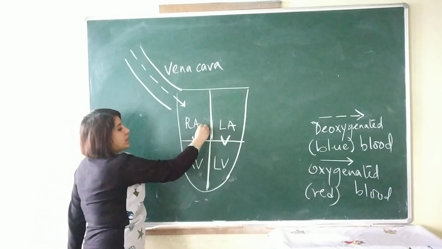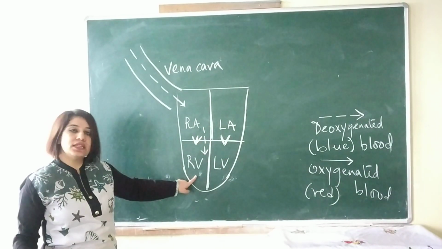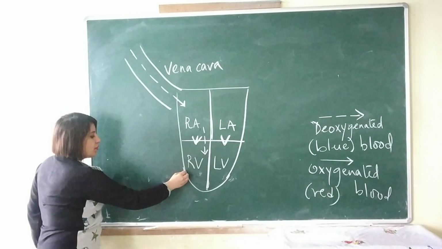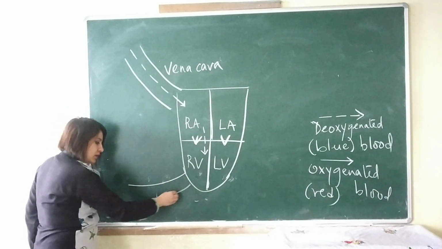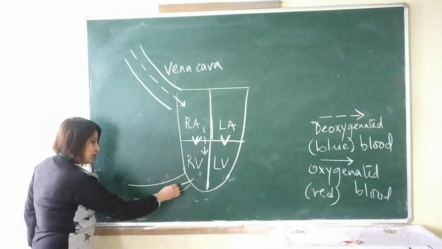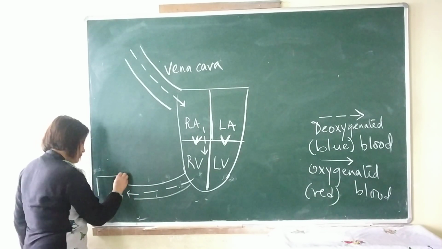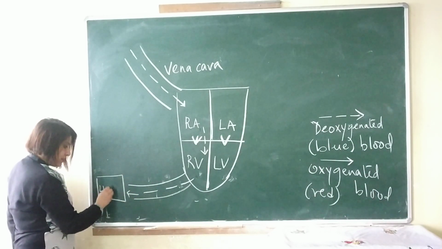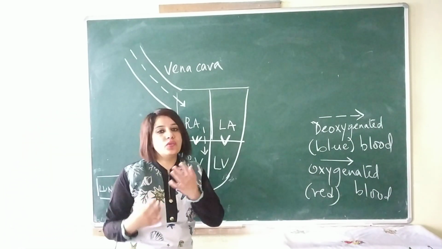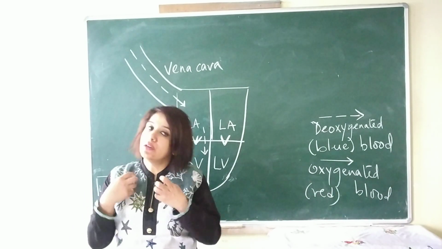From the right auricle, the deoxygenated blood enters the right ventricle. From the right ventricle, this deoxygenated blood is sent into the lungs. Now, why the lungs? We know that we breathe in, we breathe out. Which organ helps us? The lungs.